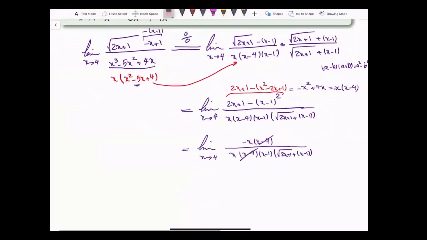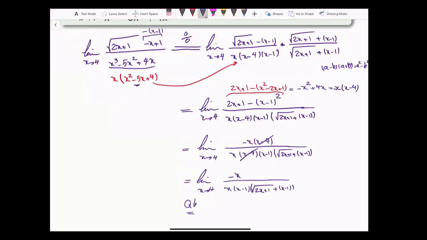From there, you have this new limit of minus x over x, x minus 1 times root 2x plus 1 plus x minus 1, as x goes to 4. And then this is the quotient law.